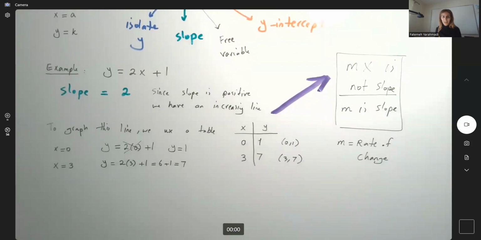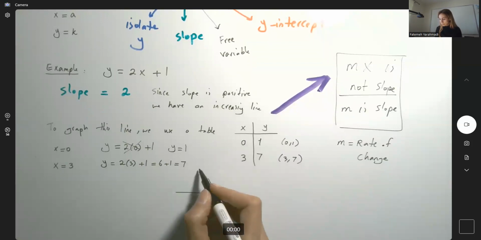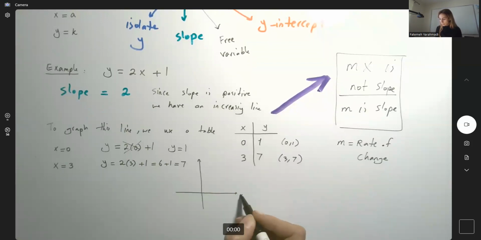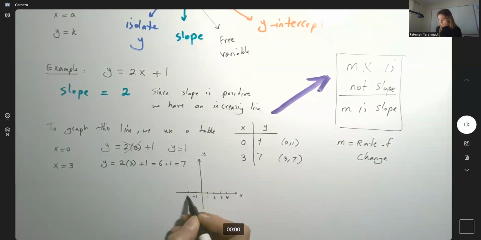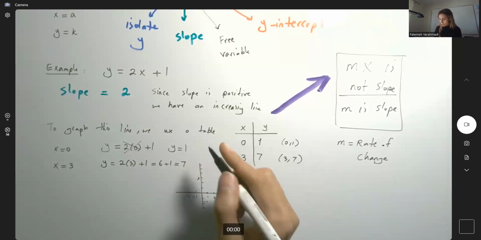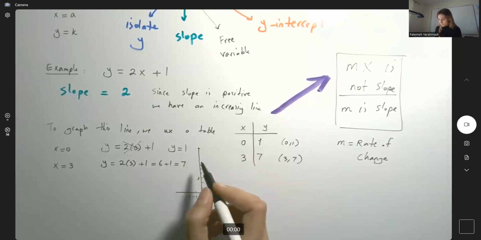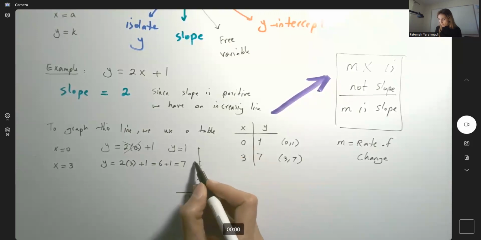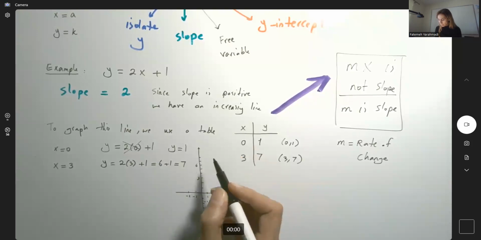So let us go to our xy plane, x-axis, and then y-axis. Let us have 1, 2, 3, 4, some negative numbers and some positive numbers, 1, 2, 3, then 4, 5, 6, 7, and 8, and so on.